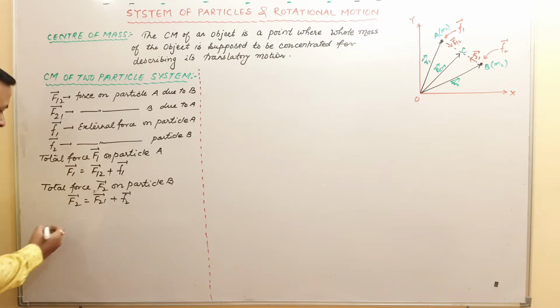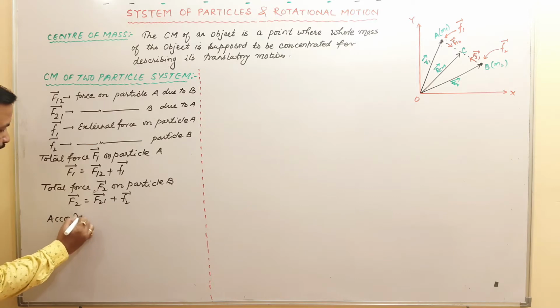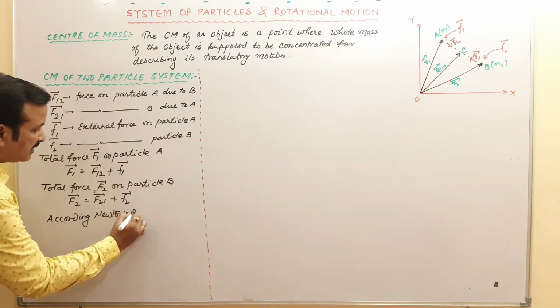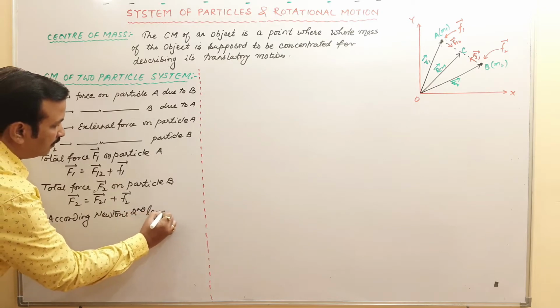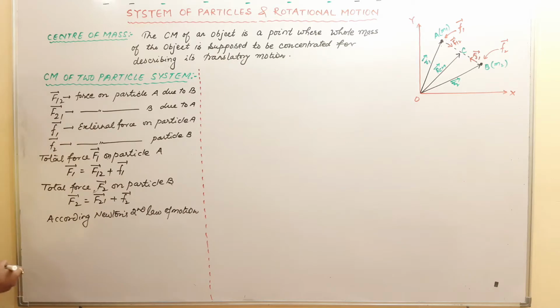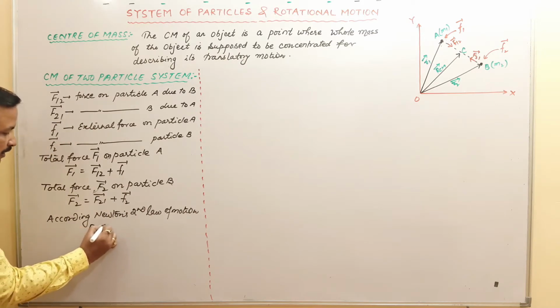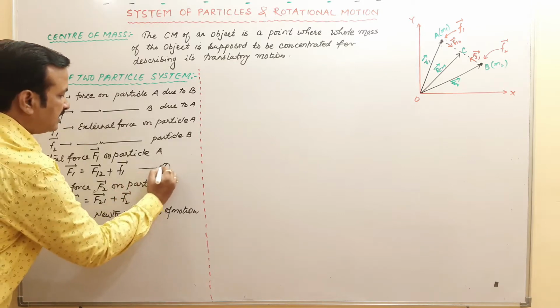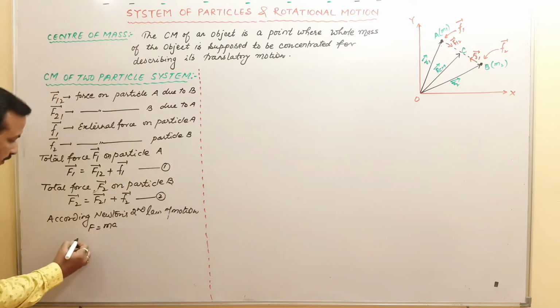According to Newton's second law of motion, we have F is equal to ma. Therefore, this is say equation 1, this is 2.